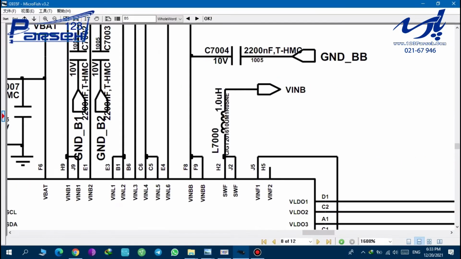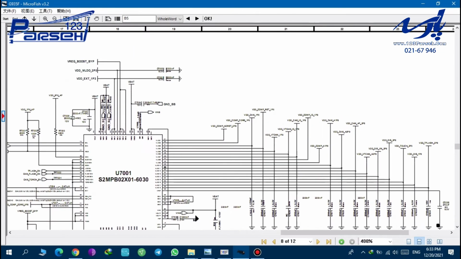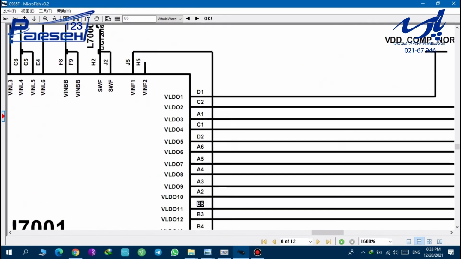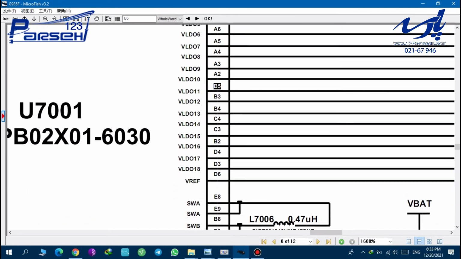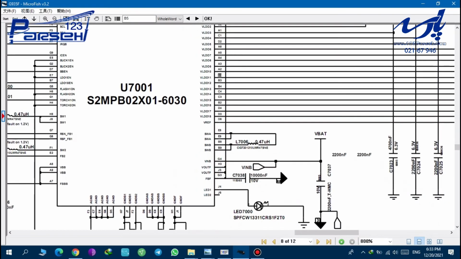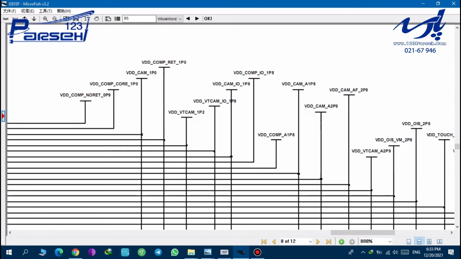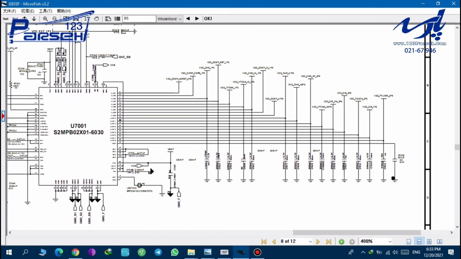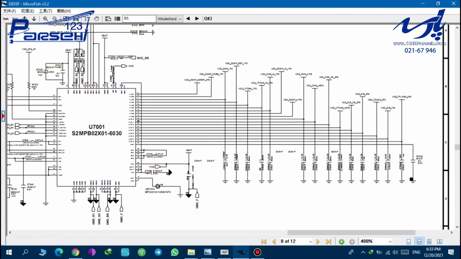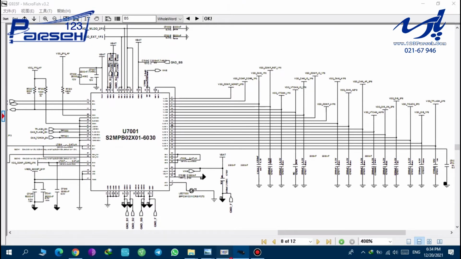Now I'm going to find B5. B6 is right here, and I have to find B5. B4, B5. As you can see, it's right here. So this IC is actually responsible for charging up and powering up our phone. If you do not have a voltage, you have to check this IC first.